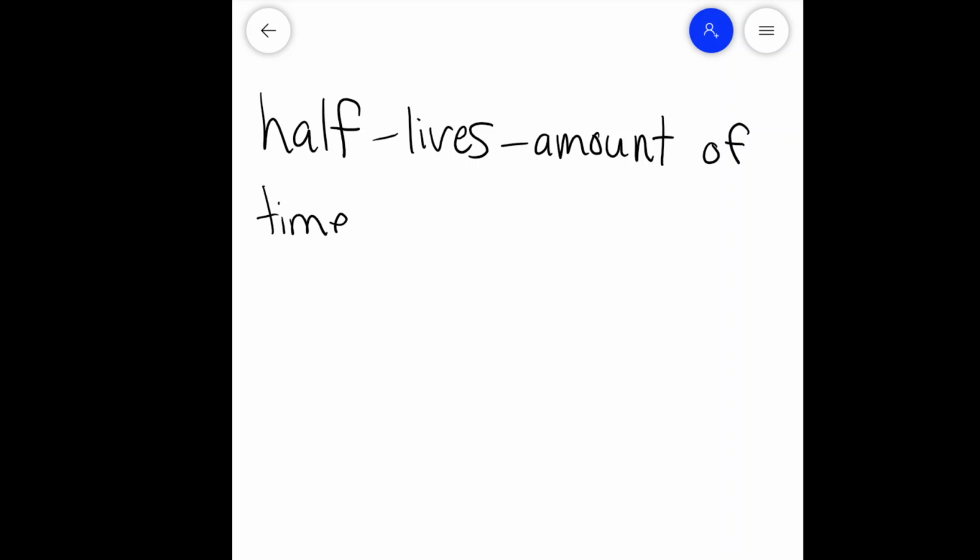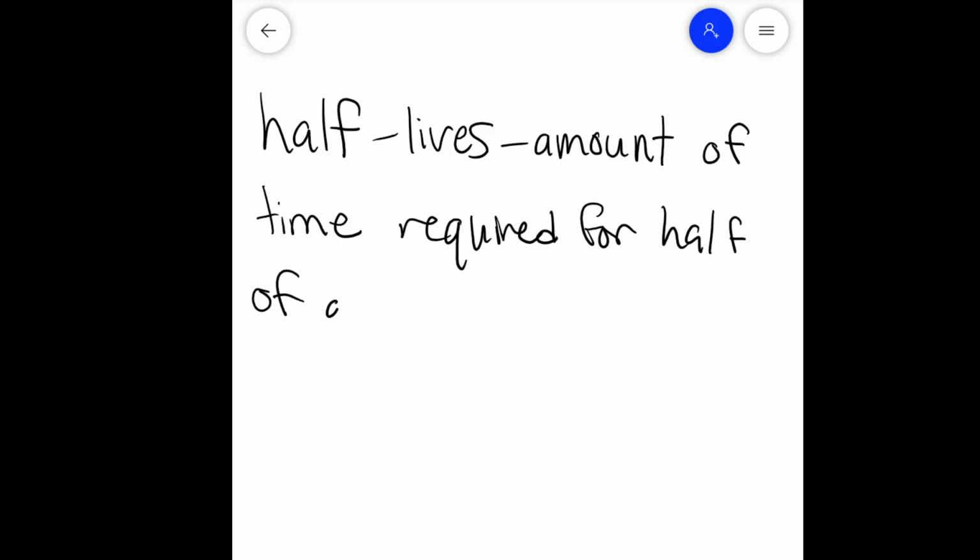So, half-lives are the amount of time required for half of a sample of a radioactive material to become stable.